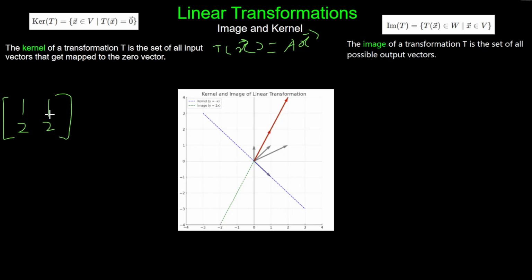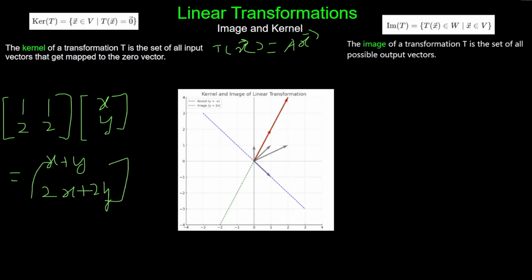So this, when we put it in the plane, is just this vector 1, 2, the same vector twice. So this can be represented by the columns. So when we multiply with any vector, let's say x and y, what do we get? We get something like x plus y, and in the second row we have 2x and 2y. So if we simplify this, we'll get the form of x plus y times 1, 2.